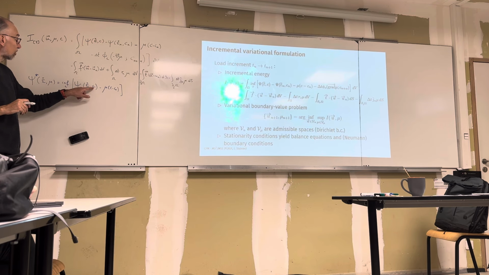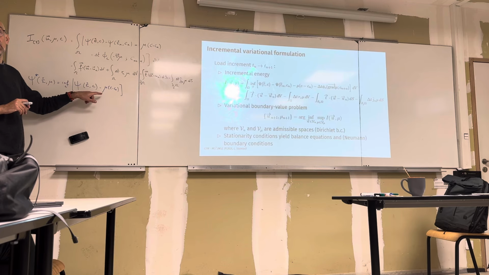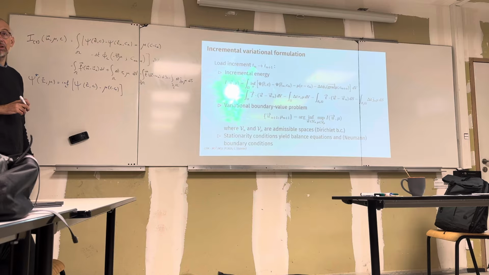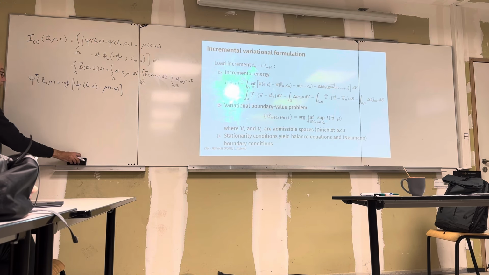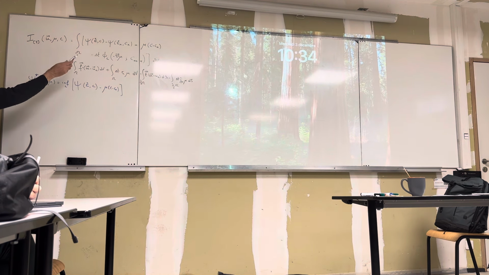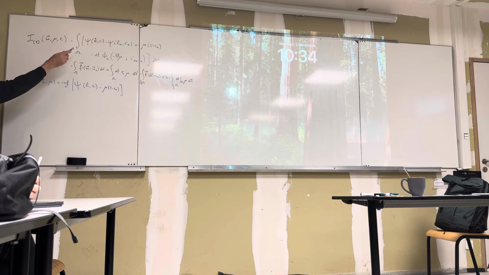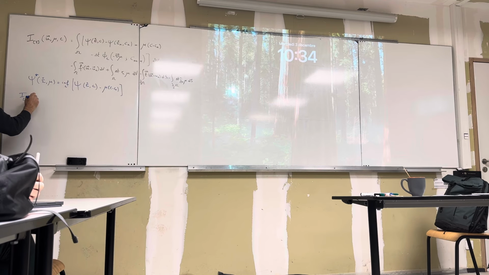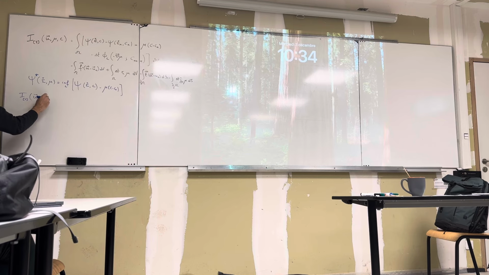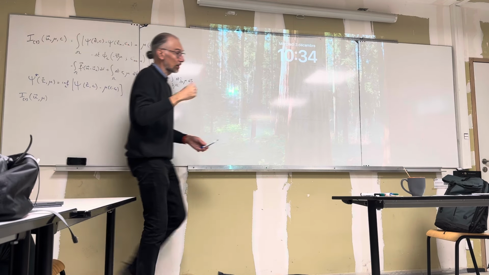So this means I take the C which is related to mu and epsilon by the constitutive relation. Okay. And this gives me a function which is only of epsilon and mu. I eliminate C. So in that case, if I put this into there, I can define in the end a function only of two things. So this amounts to doing this, which is the I which is there actually.